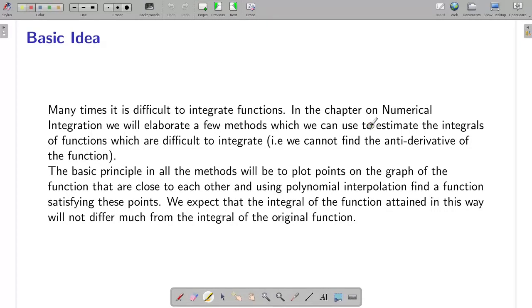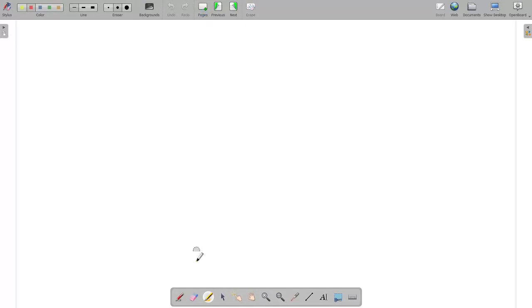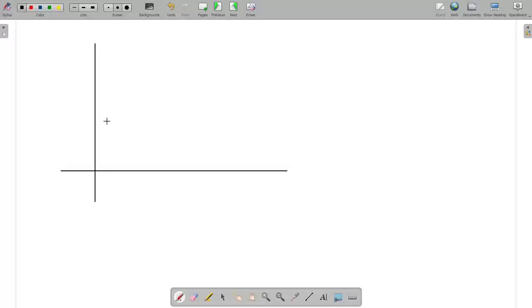So many times the integral is difficult to compute. So what we are going to do is, if you are given a function, let us try to draw it again here. Say this function is something like this.